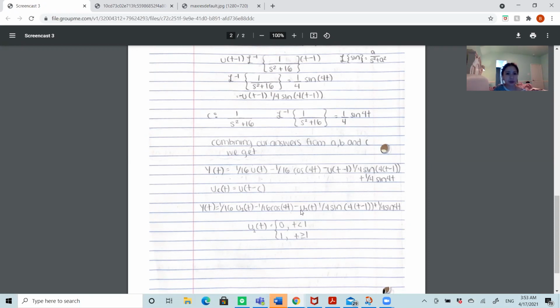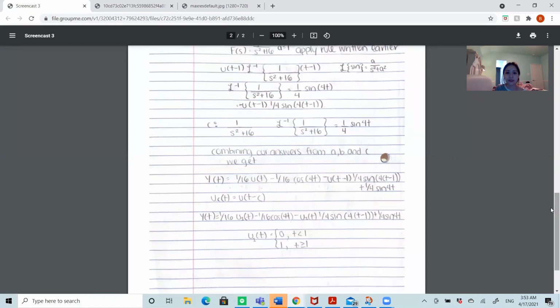I don't really think I have to write the 1, but I just did it. So u 1 of t is equal to this. And that is all. This is the answer. The inverse Laplace transform of Y of s was just y of t. So this is the complete answer to our equation.